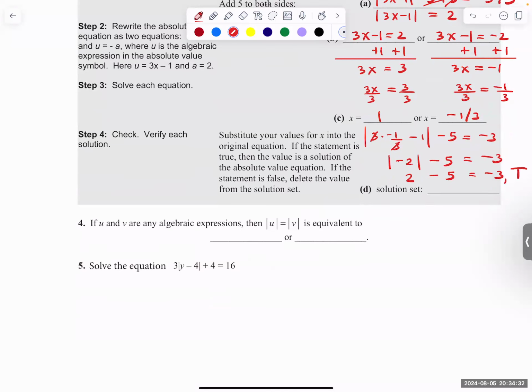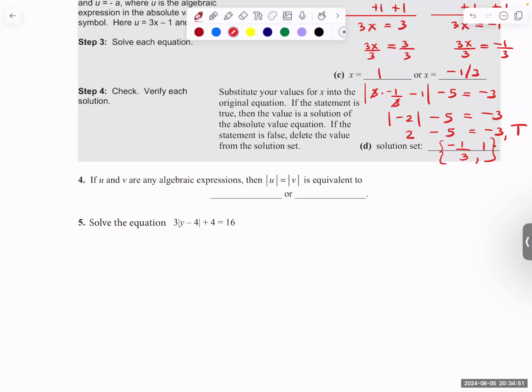Just use a capital T for true. So solution set means use the curly braces. The other solution, after verifying it, is going to be positive 1 along with negative 1/3.